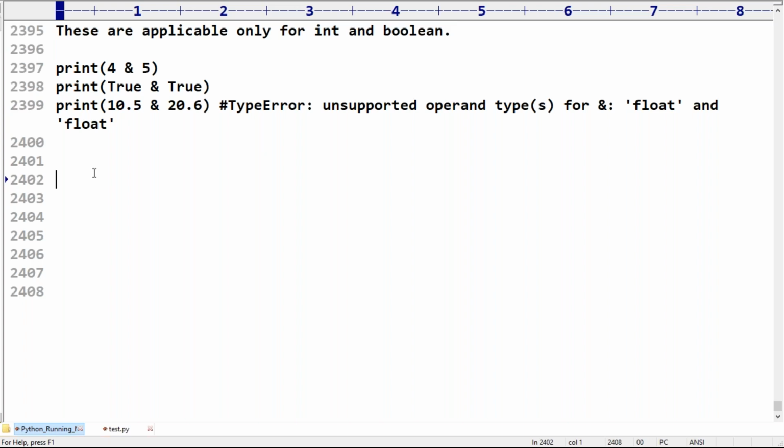Now, how is it going to be evaluated? Why the word bitwise? Very simple terminology.